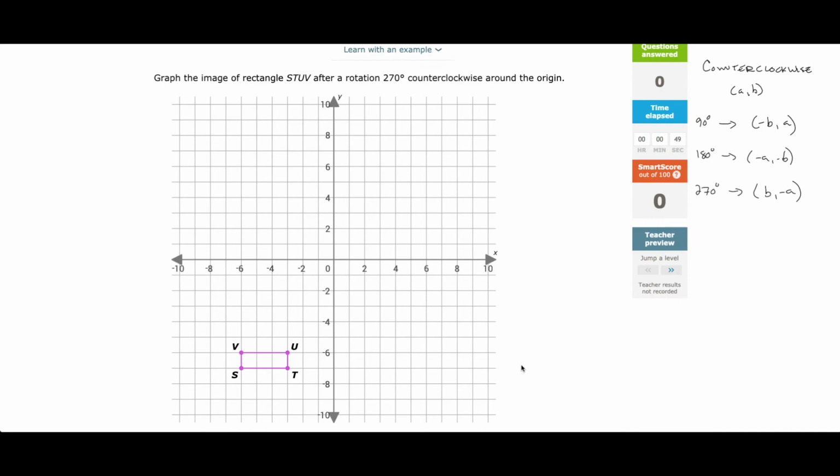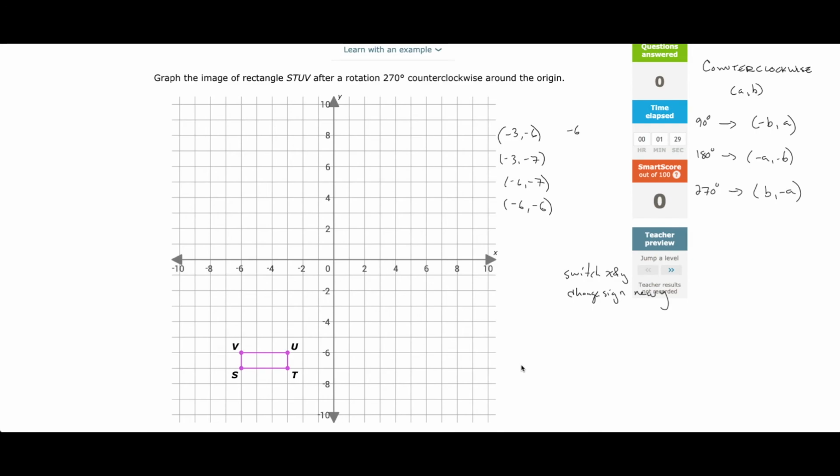So I would recommend looking at this and thinking about a 270-degree rotation. Think about the coordinates here. So we have U at -3, -6. We have T at -3, -7. We have S at -6, -7. And we have V at -6, -6. So for 270, we need to switch your x and y and change the sign of our new y.